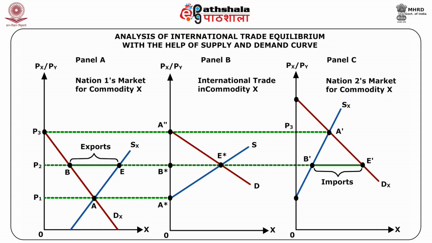International trade allows nation 1 to export BE quantity of the commodity and nation 2 to import B dash E dash quantity of commodity X at world price level P2.